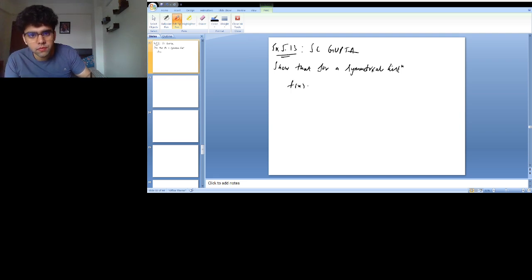f(x) is equal to 2a upon pi into 1 upon a square plus x square, where x lies between minus a and a.